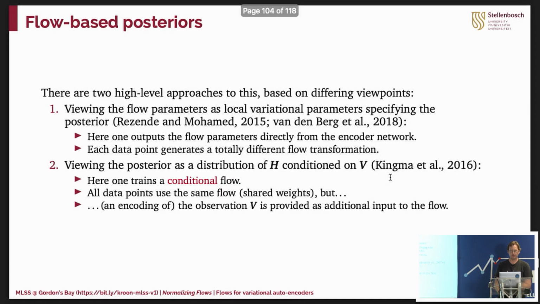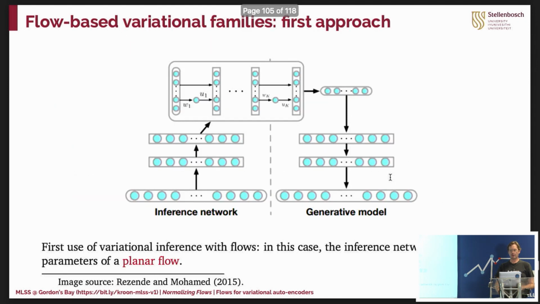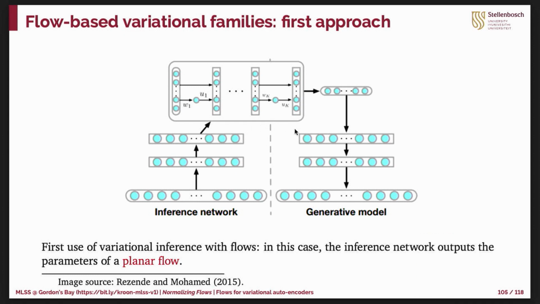This can be implemented in two different ways. I'm not really going to go into the second way because of time. But for the first way, this is basically what happens. I plug in my observation. It goes through the inference network. What does it generate? It generates the flow transformations that I'm going to use. I sample from my base distribution, and I apply the transformations.